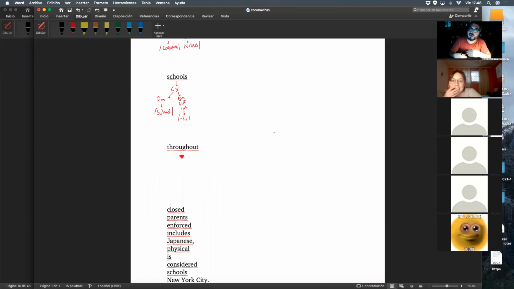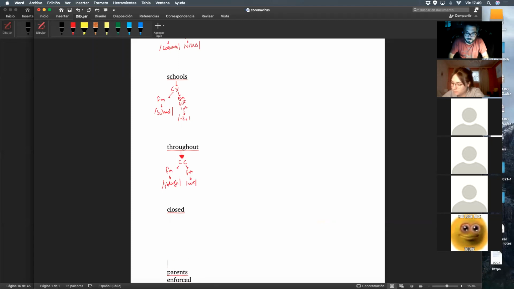A lo que yo respondería, perfecto, pero ice cream, también ice y cream tienen significados por sí mismos, pero cuando se juntan significan otra cosa. ¿Cachai? El mismo ejemplo. Por lo tanto, yo diría que throughout sería compound, hecho del free morpheme through y del free morpheme out. ¿Sí?